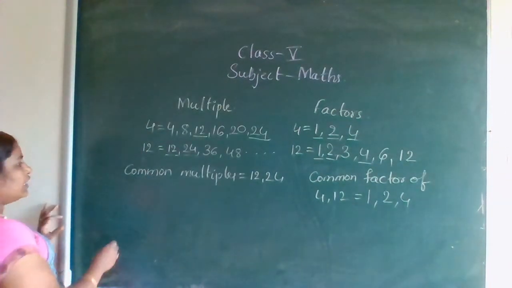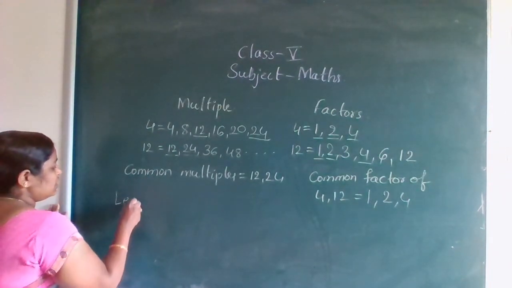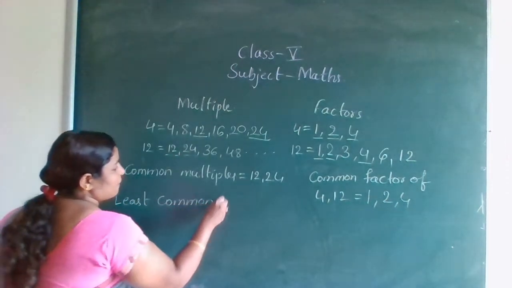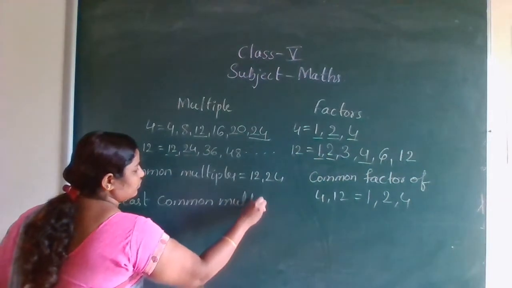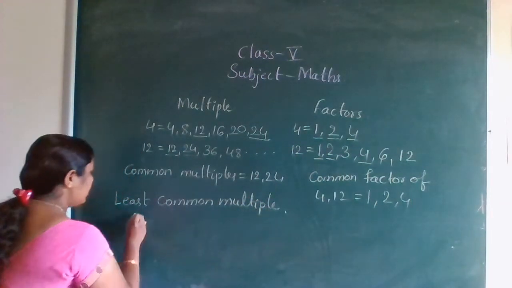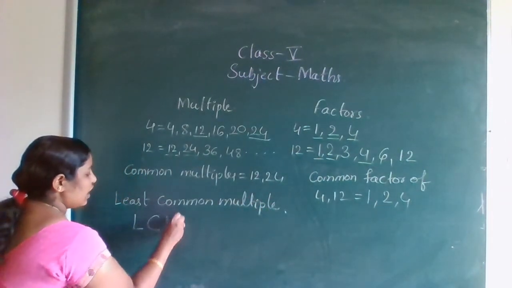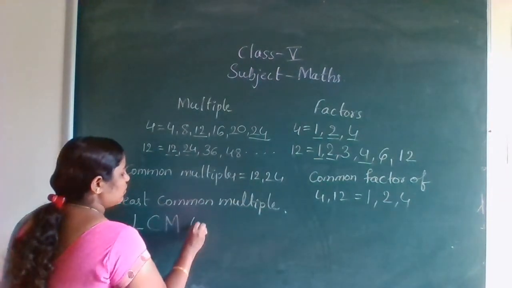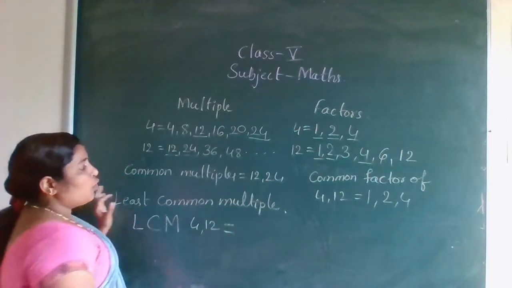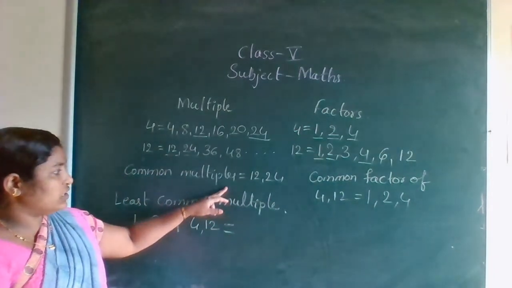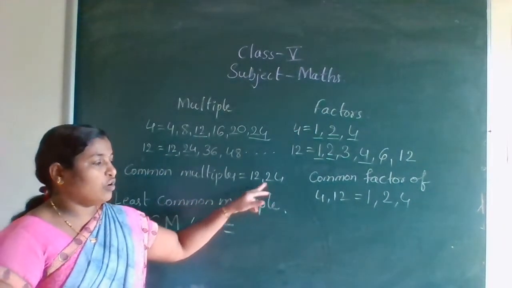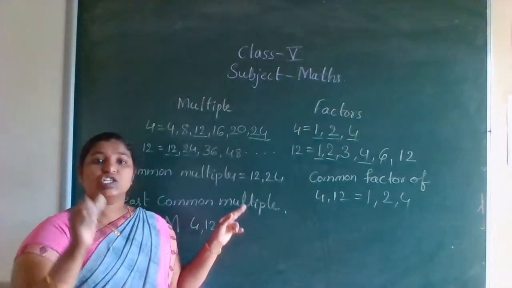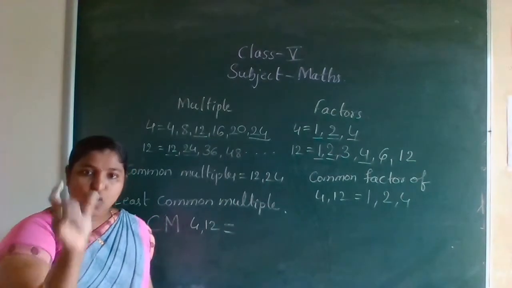After this, identify the least common multiple, LCM of 4 and 12. What is the least one in this? 12 and 24 are the common multiples. Which is the least one? Least in the sense the smallest one.